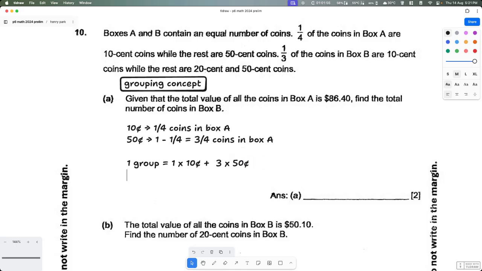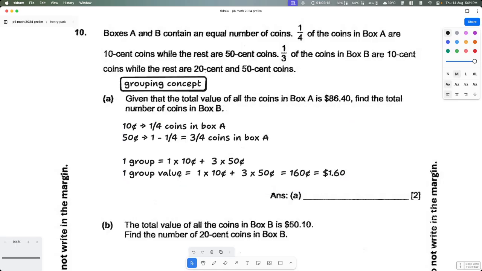So you see, one group value is equal to 1 times 10 cent plus this, equal to 160 cents or $1.60.